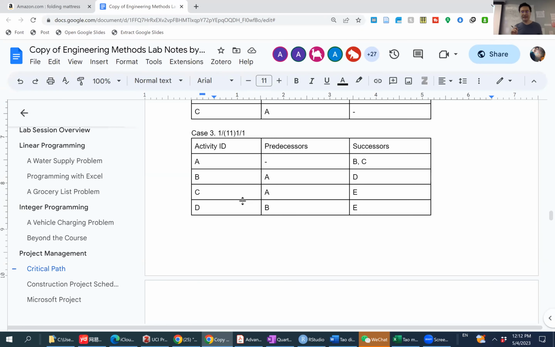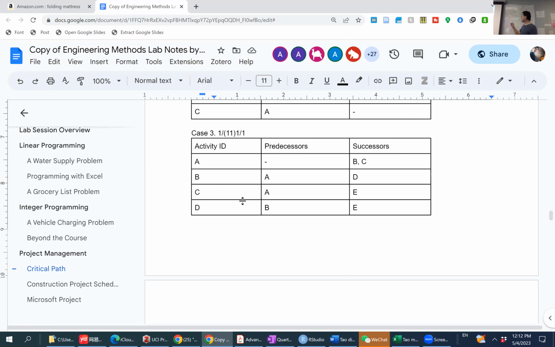But in this case, B and C are not totally the same. We have B with a successor of D, and C has a successor of E. So what's afterward is different.